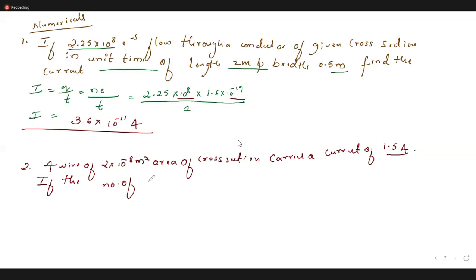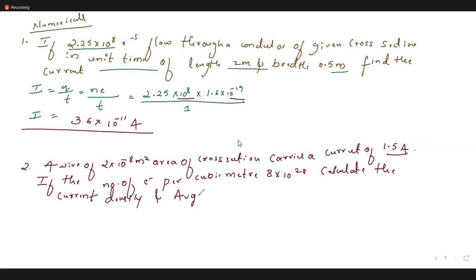If the number of electrons per cubic meter is into 10 to the power of 28, calculate the current density and average drift velocity. Do it fast.